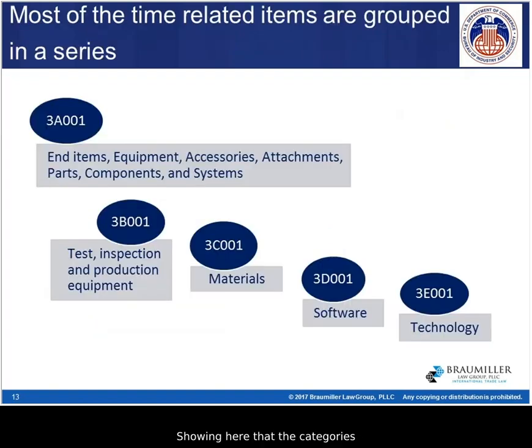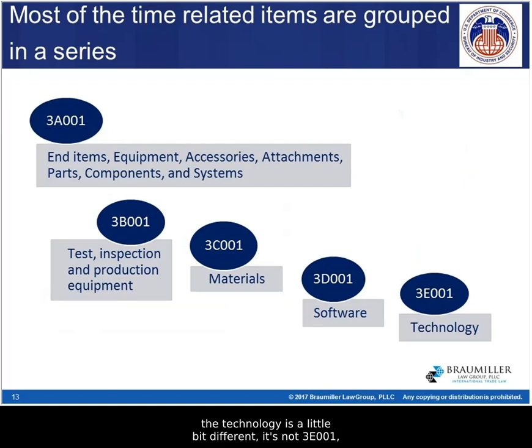Showing here that the categories or the product groups generally are going to be grouped together. So if you have a 3A001 end item, the test, inspection, and production equipment would generally be 3B001, and the materials would be 3C001. There are some exceptions to that, but typically in the ECCNs, we're going to tell you where to go to look for that.